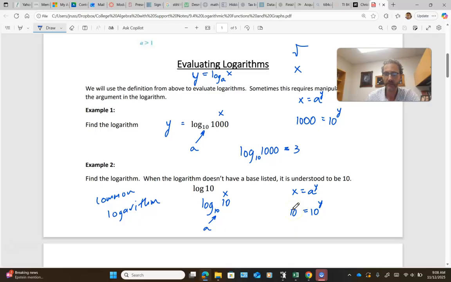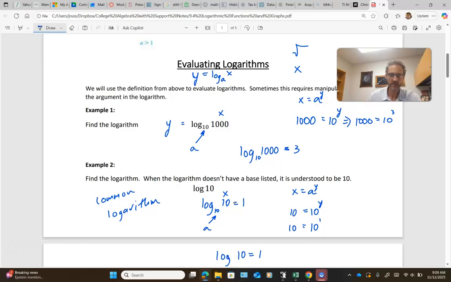Well, 10 to the first power is equal to 10. Could have actually written that over here. Okay. So the value of this logarithm is 1. Or in other words, the common log of 10 is equal to 1.